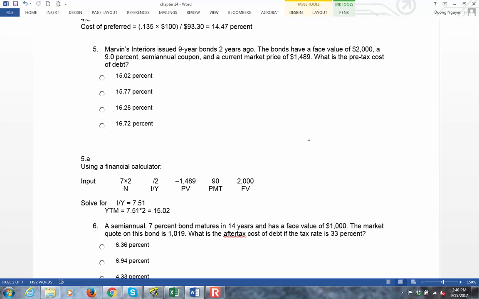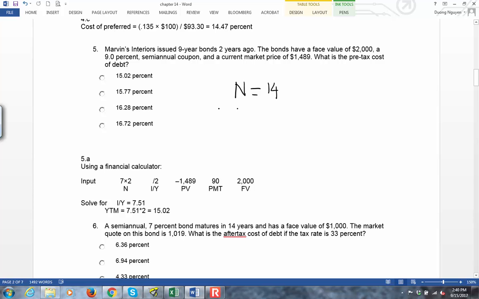So the bond has 9 years, the bond was issued 2 years ago, and at that time it had 9 years to maturity. So obviously from today to maturity it has 7 years, but because it's a semi-annual coupon payment, when you put it in the calculator you should put N equal to 14, 7 years but semi-annual payment, so that would be 14 payments.